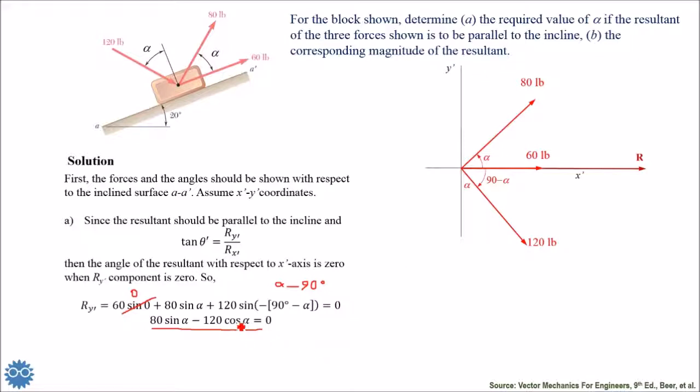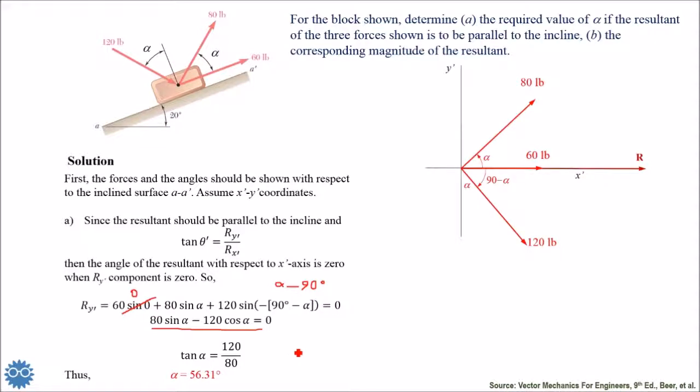Now, by dividing both sides by cosine alpha and transferring to the right-hand side, we get this formula, where tan alpha equals 1.5. Thus alpha will be 56.31 degrees.